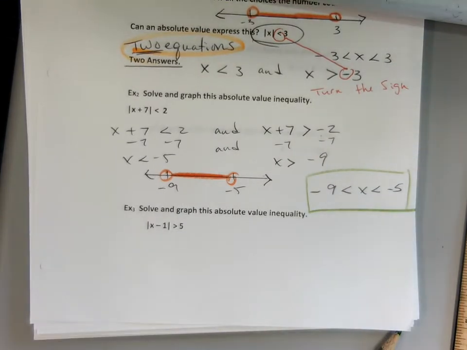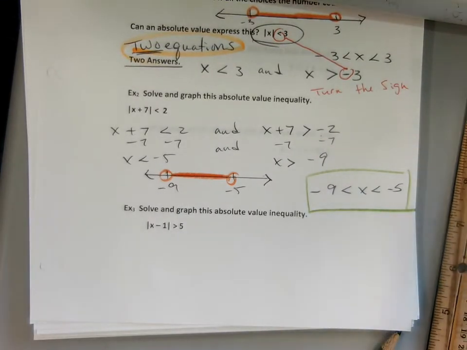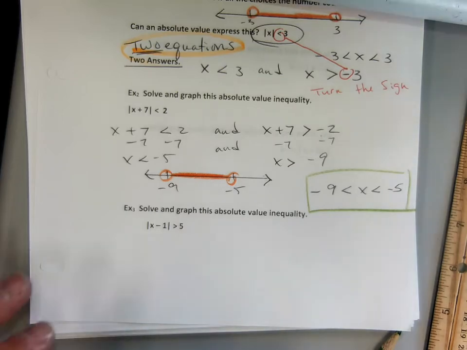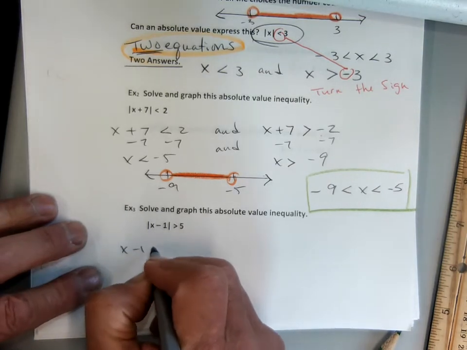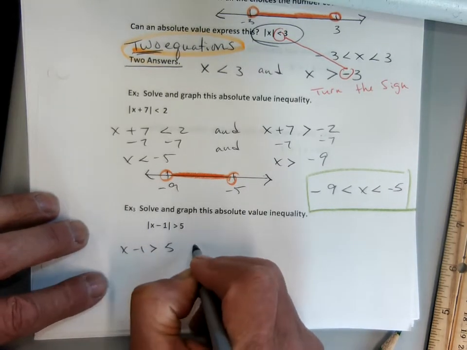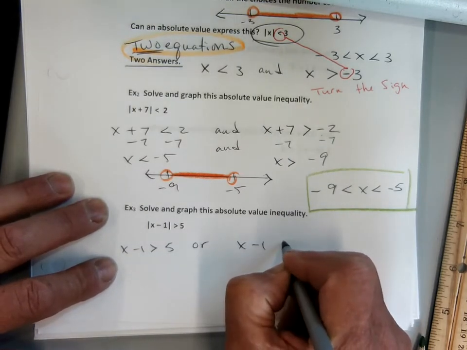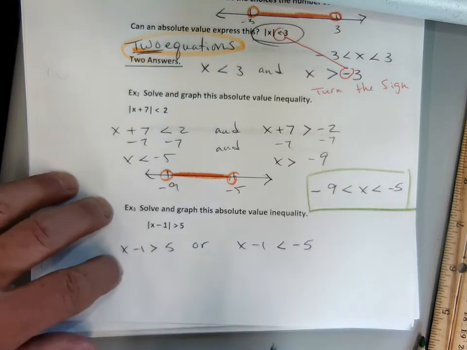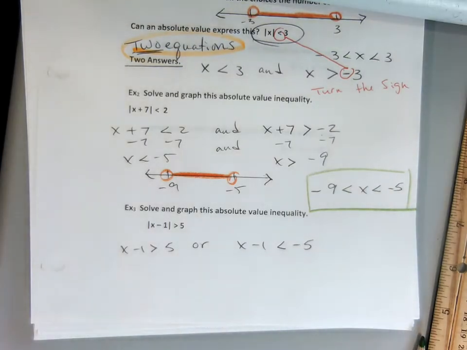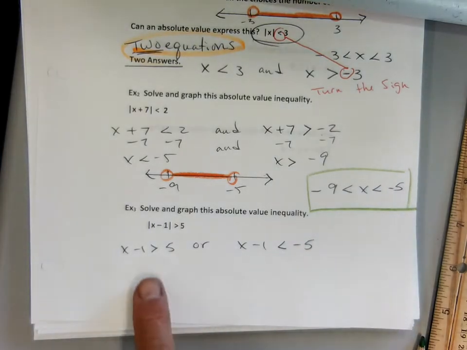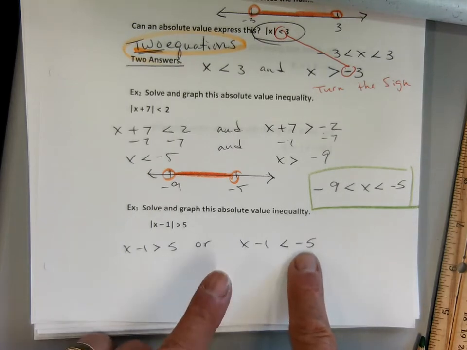Okay, example 3. Same thing. If I need 2 answers, I need 2 equations. First equation, x minus 1 greater than 5, or x minus 1 is less than negative 5. Again, to be redundant, when I do absolute values, I have a positive and a negative.